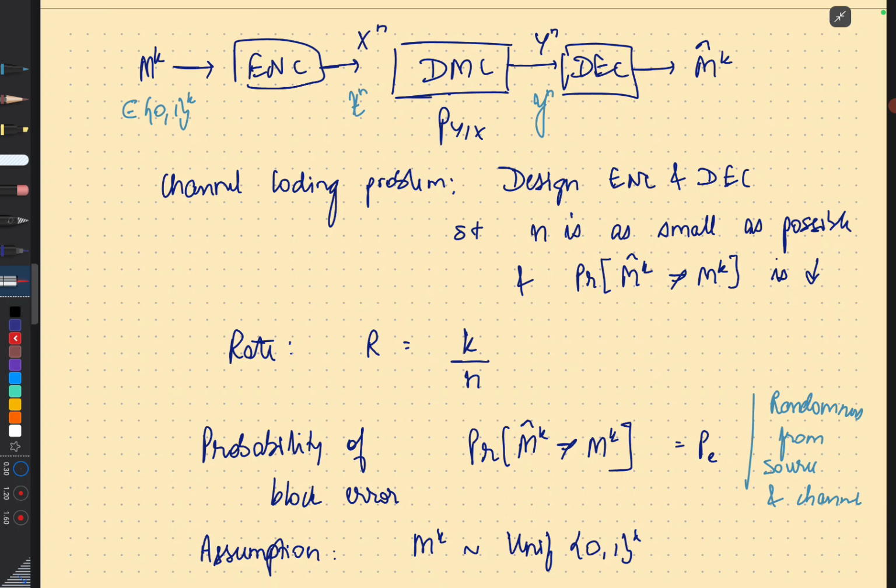So if you fix n channel uses and a target probability of error, maybe 10 to the minus 3 or 10 to the minus 4, you want to know what is the maximum number of bits that you can transmit in these n channel uses, where n could be say 100 or 1000 or so. In practice, for example, in 5G communications, the typical block length n is something like 10 to the 4 or 10 to the 5, which is large enough for our purposes.